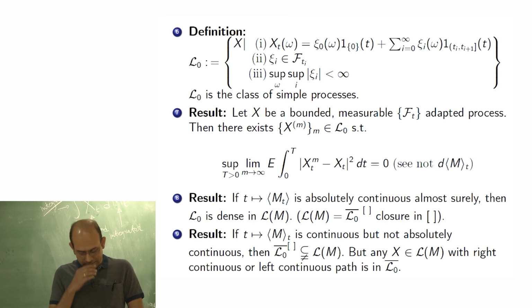But any x in L(m) with right continuous or left continuous paths is in L0 bar, the closure of L0. What I say here is that integrands which have a nice continuity property, either right continuous or left continuous, can also be approximated using L0 bar.